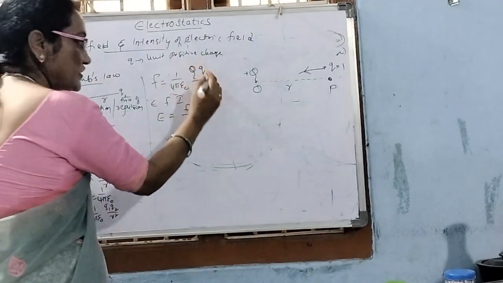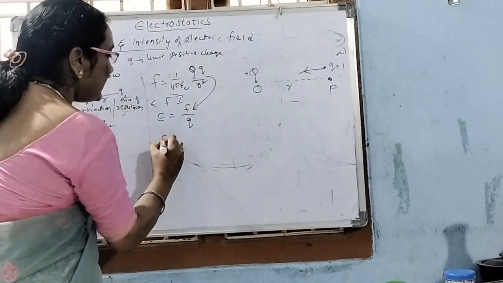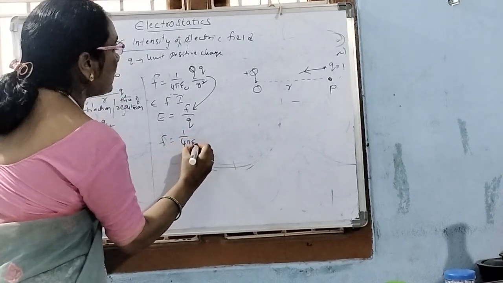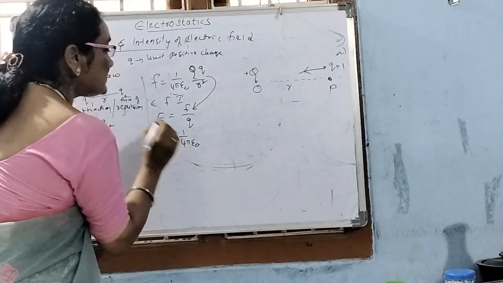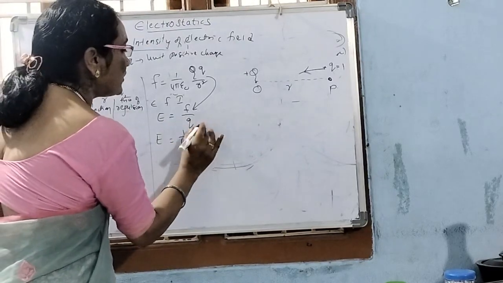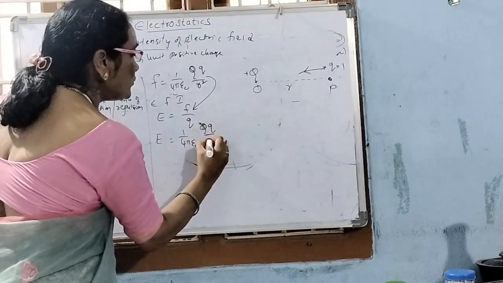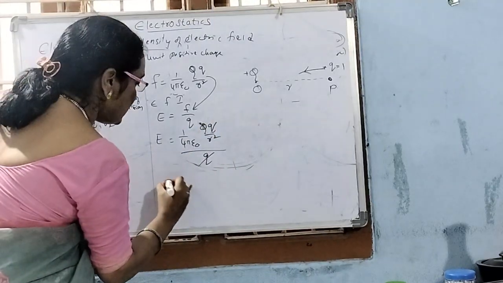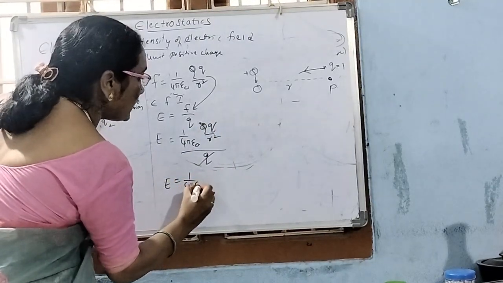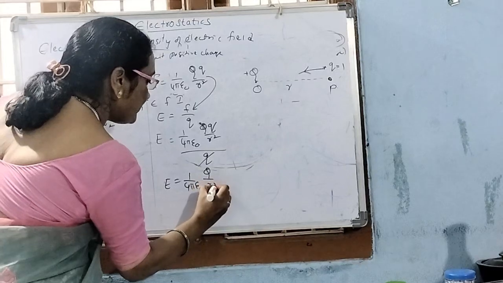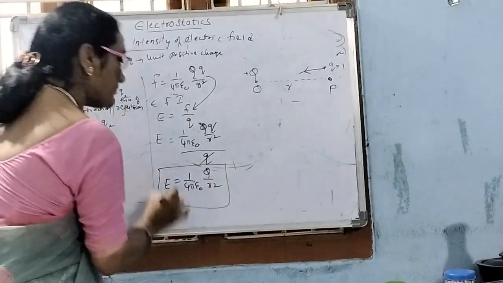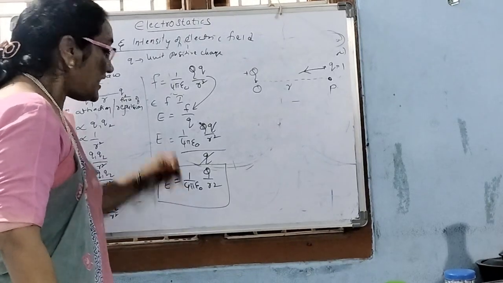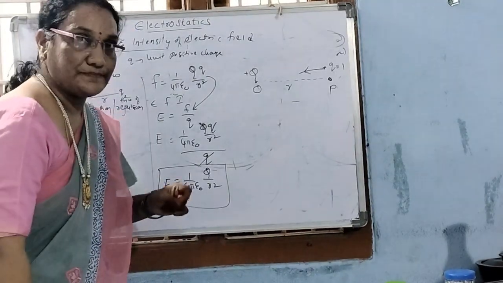So now, substituting this value here, E is equal to 1 by 4 pi epsilon naught capital Q small q by r square divided by q. So q cancels, and the answer is 1 by 4 pi epsilon naught Q by r square. Alright. So this is the electric field intensity.